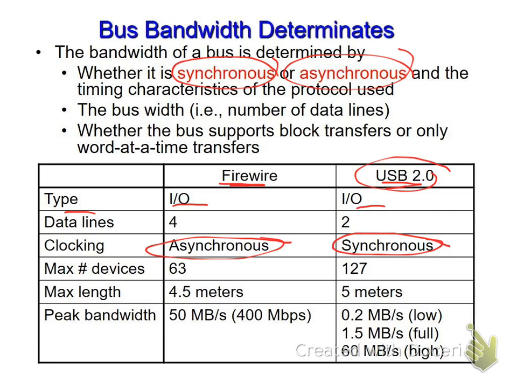Types, of course, both are input-outputs. Maximum number of devices, I can have here approximately 63. This is 127. Maximum length, both of them are approximately the same. Peak bandwidth, this can go to 50 megabytes per second, and this can go even higher, to 60 megabytes per second.